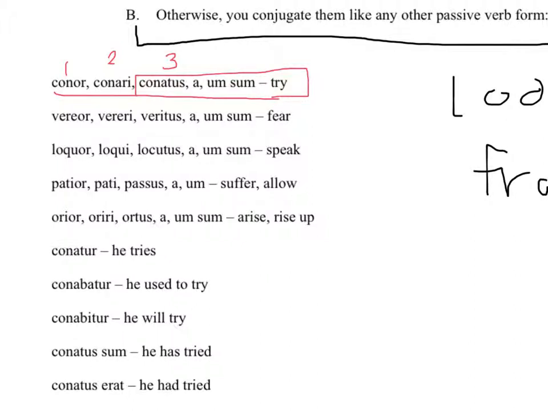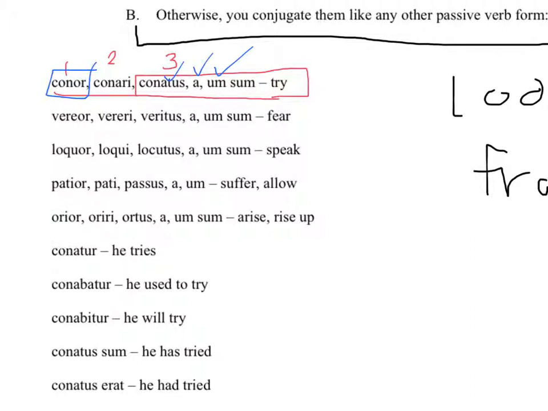This is just like the form you learned in this same lesson: sum, es, est, sumus, estis, sunt. You'd add to the fourth principal part, choosing the masculine, the feminine, or the neuter. It only has three principal parts, and the first principal part does not end with an O like you're used to. It ends with an OR, which is the passive form. And yet, you don't translate it passively, you translate it as if it were active.